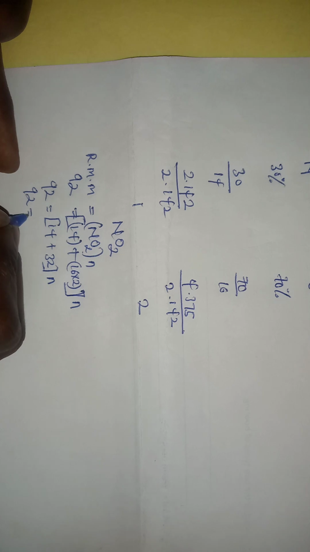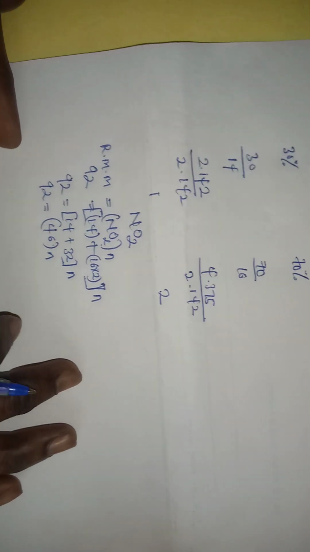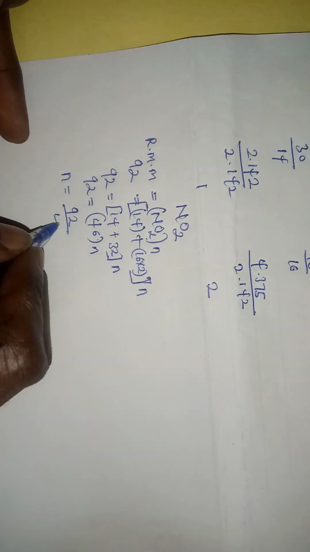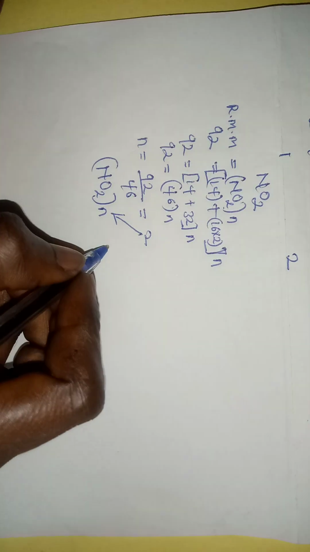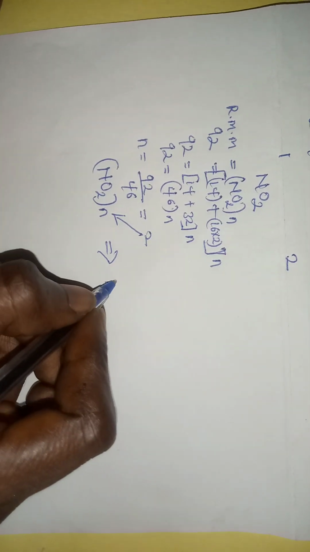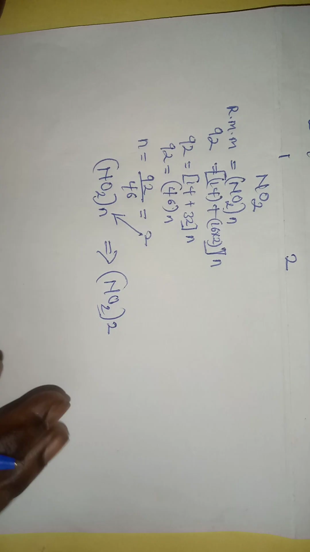So 92 equals 46n, so n will be equal to 92 divided by 46, which gives us 2. So n equals 2. Recall that we have (NO2) in brackets of n, and now n is equal to 2, so we have (NO2) in brackets of 2.